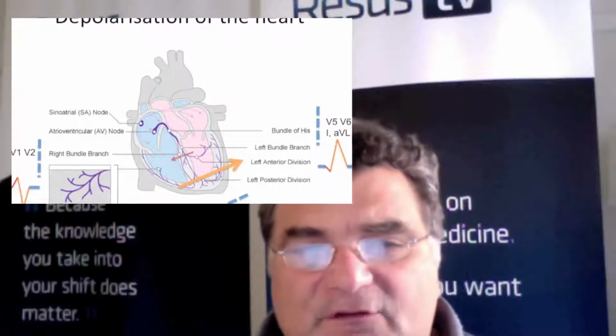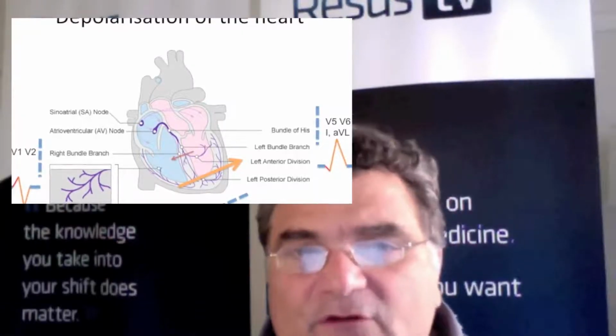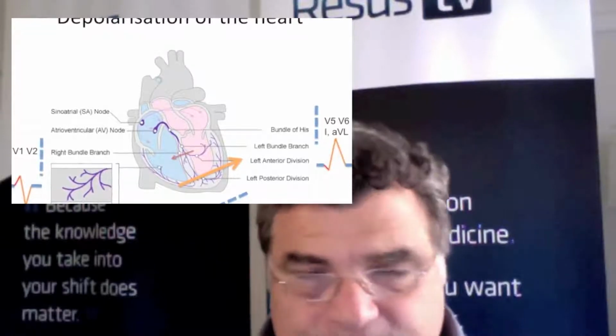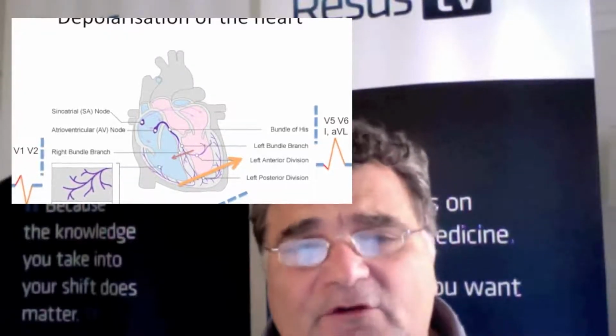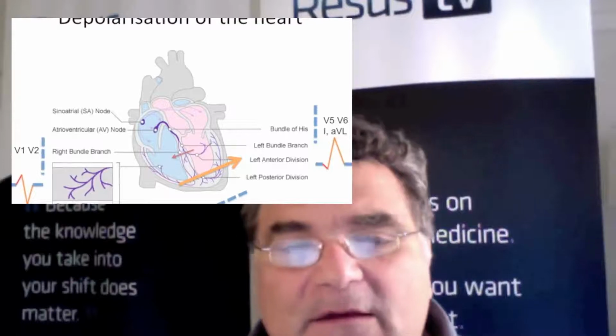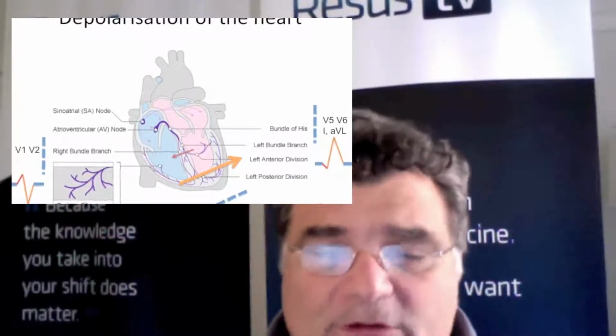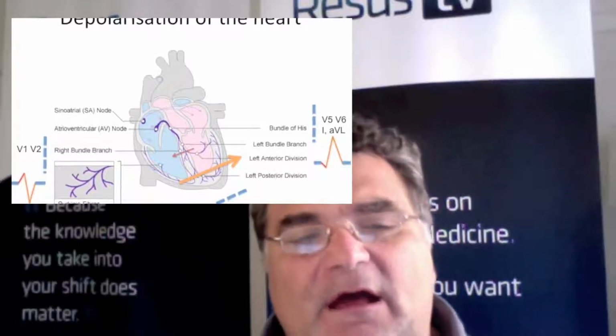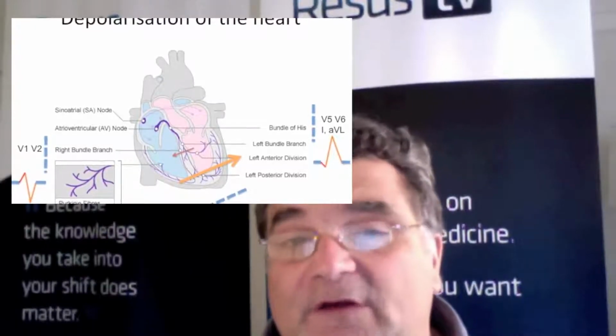So the leads V1 and V2 will have a very small positive upward stroke. So that's an R wave. They'll have a very small R wave coming in. And in fact, because that's the normal depolarization of the heart, it is abnormal to have Q waves in V1 and V2.